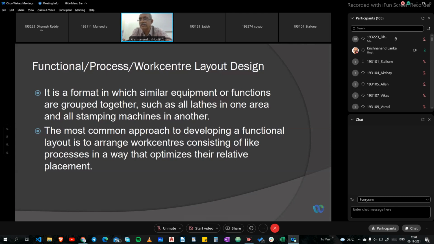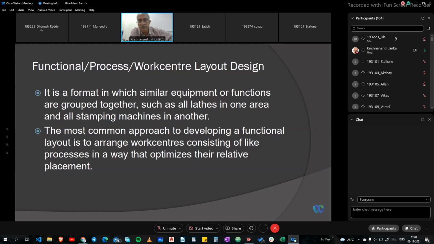In an ideal functional layout, the total average distance traveled per day by each student to get various facilities should be minimal. That should be the criterion.